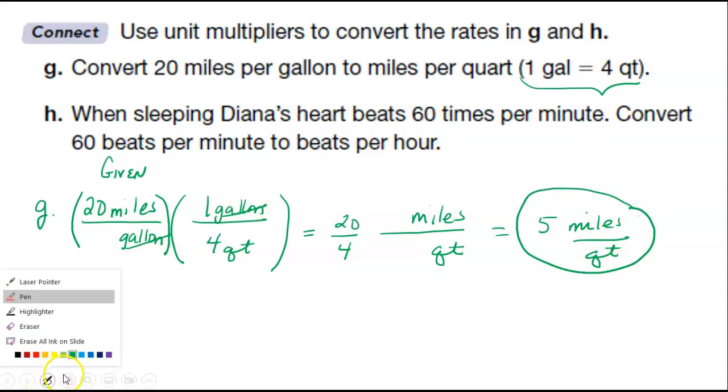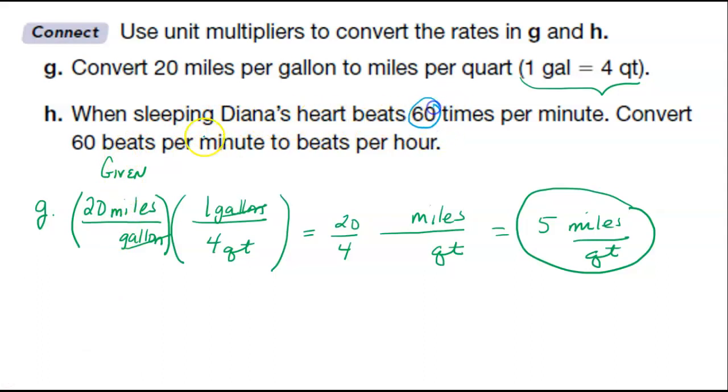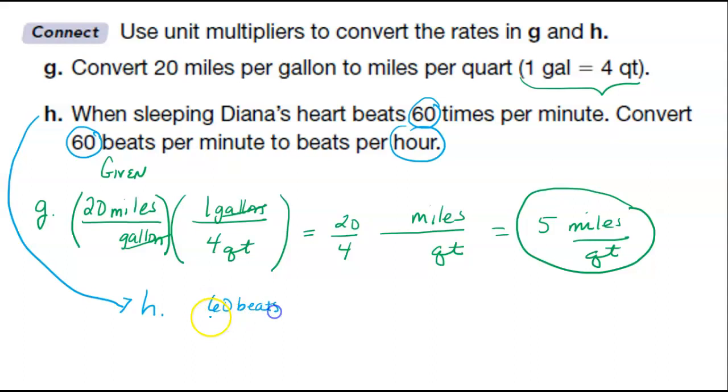Okay, let me change colors here. When sleeping, Diana's heart beats 60 times per minute. Convert 60 beats per minute to beats per hour. I think we did one like this in the last. That doesn't matter. So H. So we have 60 beats per minute. And we want to know how many beats that is per hour.